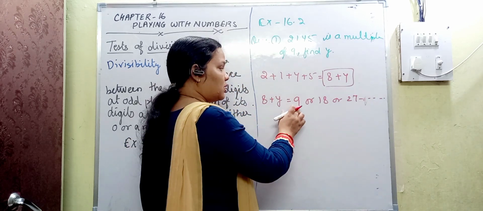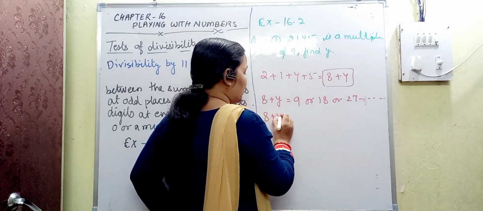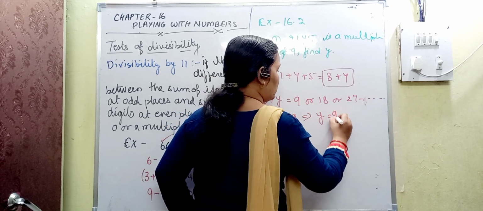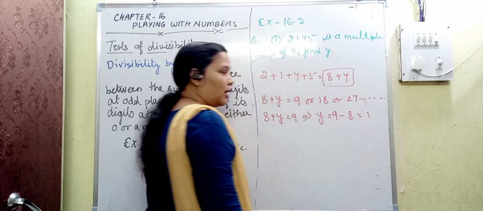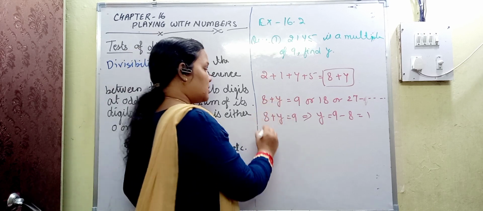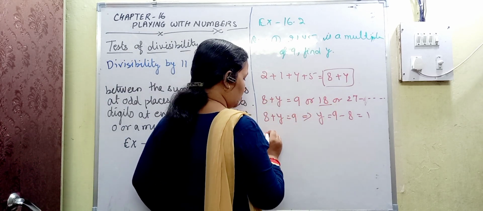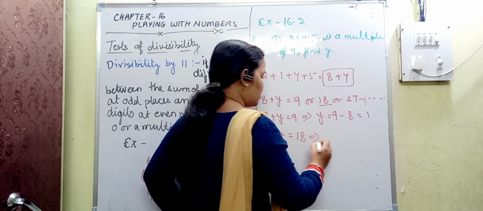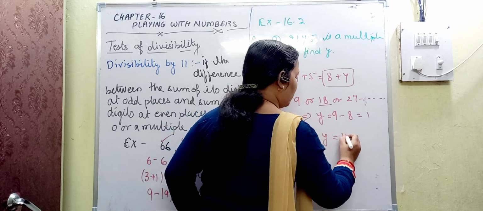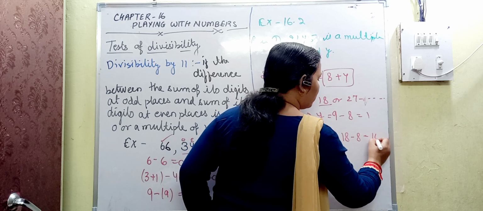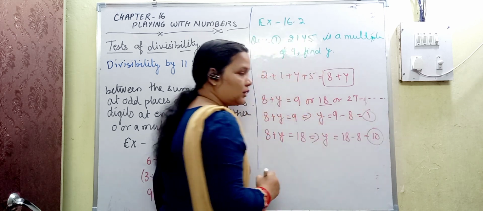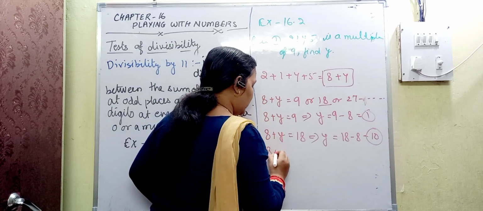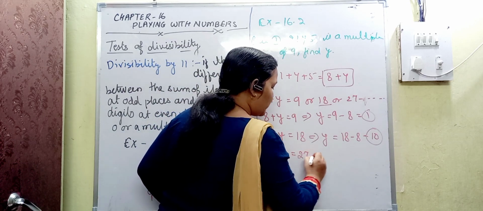So first I am going to take 9. 8 plus Y is equal to 9 will give you Y is equal to 9 minus 8, which is 1. Done. Now next, if I take 18, 8 plus Y is equal to 18. Now solve it. Y is equal to 18 minus 8, which gives you 10. Next, if I take 27, 8 plus Y is equal to 27.